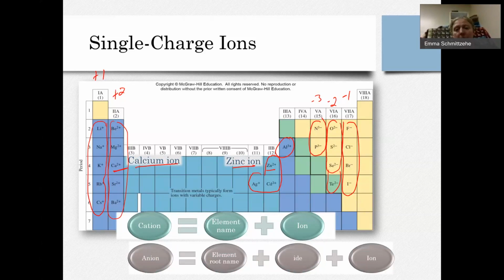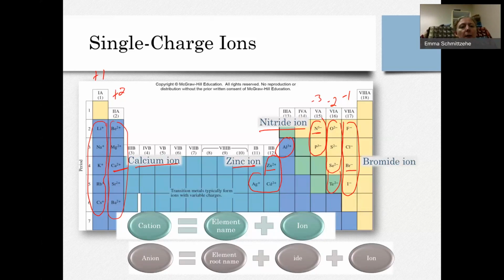So for instance, if we have this N3-, well, that's nitrogen, the element. And so I change the ending to "-ide" and add the word ion. So nitride ion. Or if we look at Br-, that would be bromide ion because that's bromine. So we change the ending to "-ide" and add the word ion. And so that's your systematics for your single charge ions.